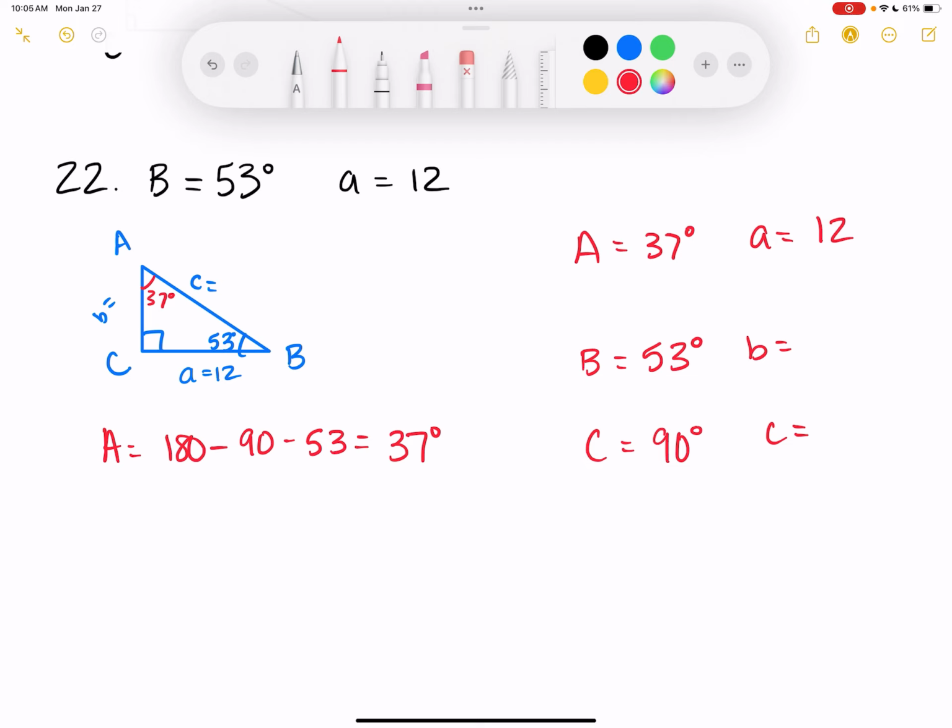All right, now I need to find side B and side C. So I use trig functions to do this. I would recommend you use as much given information as possible when finding this stuff. Because let's say you happen to subtract wrong and this really wasn't 37 degrees.